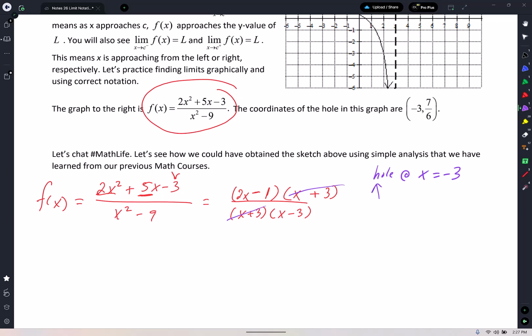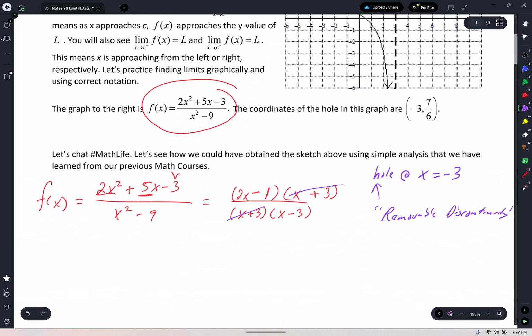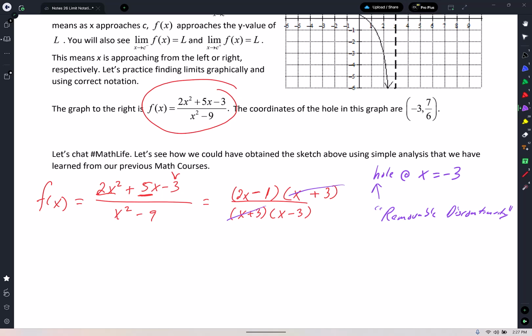A hole is the same thing as a removable discontinuity. You have to zero out the factor. So x plus 3 equals 0, so x equals negative 3. I guess you could also think of it like this: where are you not defined? Whenever the denominator is 0, so x equals negative 3. Does that make sense? Okay.